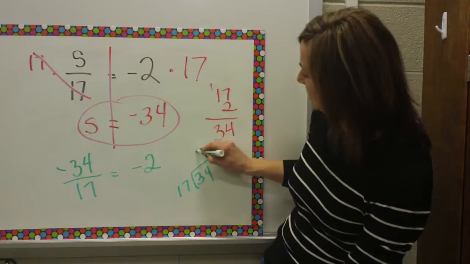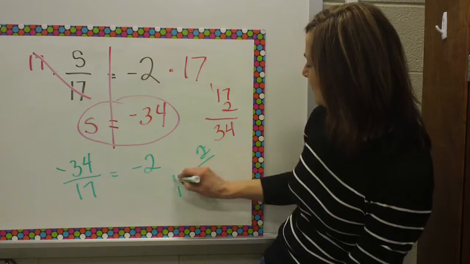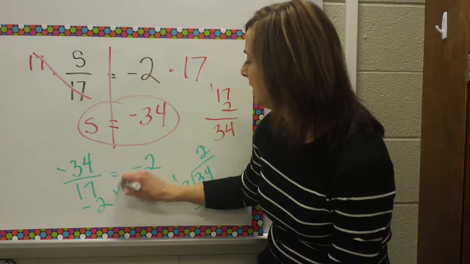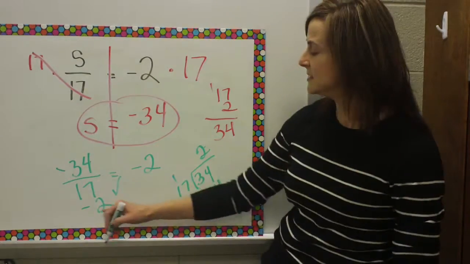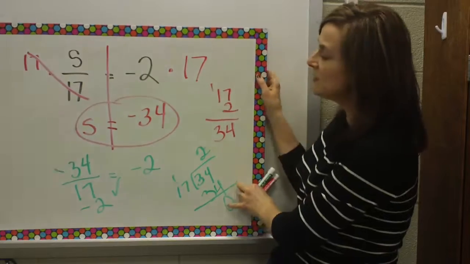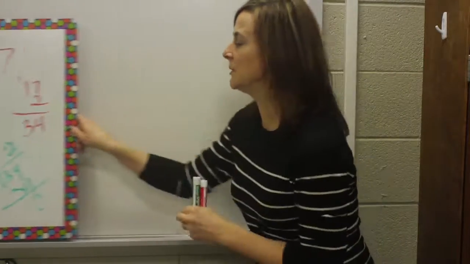Let's check it out. And it works. This does equal negative 2. So I have different signs, negative. So, the basic rule in one-step equations, multiplication and division: do the opposite operation to get the variable by itself.